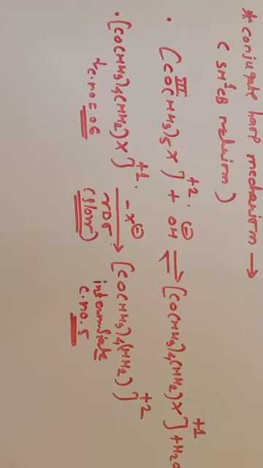The base will abstract one of the protons and there is formation of conjugate base. In the second step, why does the conjugate base complex undergo dissociation of one of the halogen ligands? Because the charge on this complex is low as compared to the protonated form, and it is able to lose the X minus ligand more readily than the protonated form.